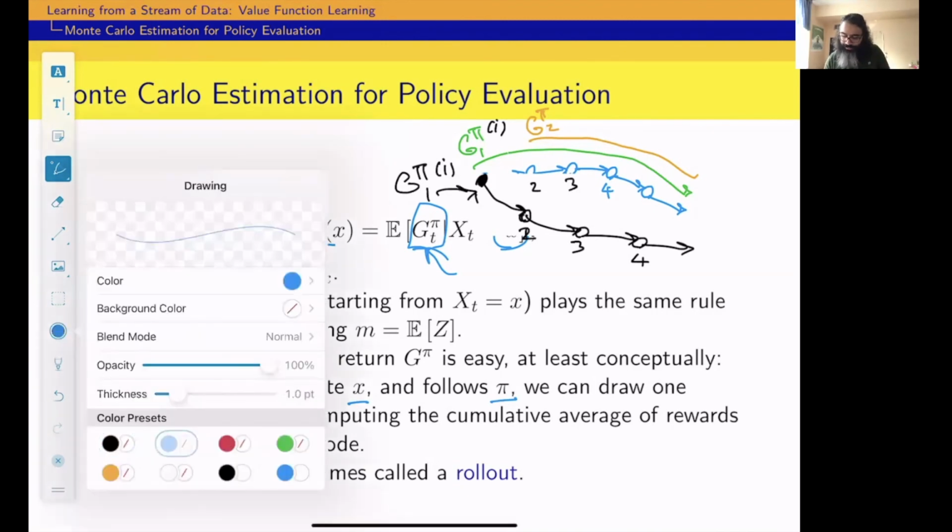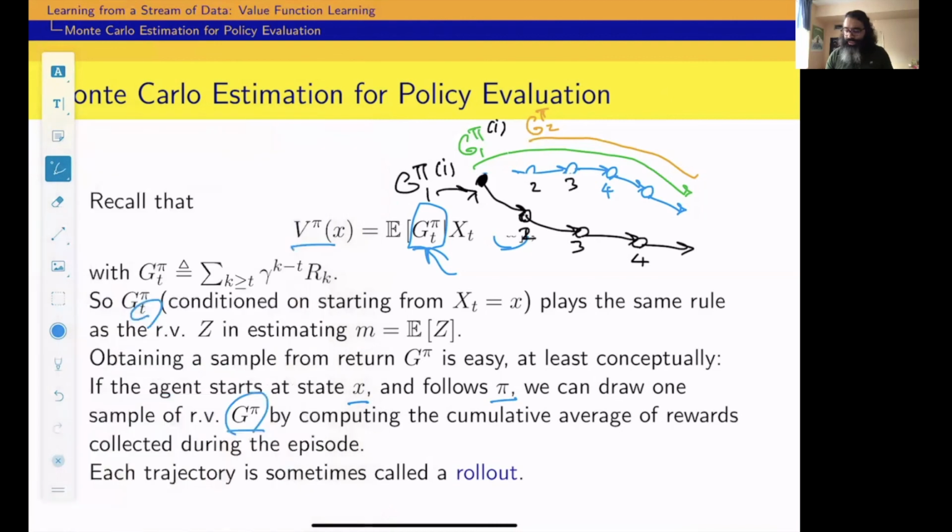Then I can compute the sample mean of them. If I do it many times, the sample mean converges to the true expectation, which would be the value function. So here I have a procedure for estimating the value function by just running these trajectories until the end of the episode, or forever for a continual task, and that gives me an estimate.